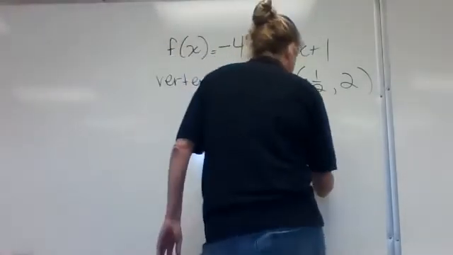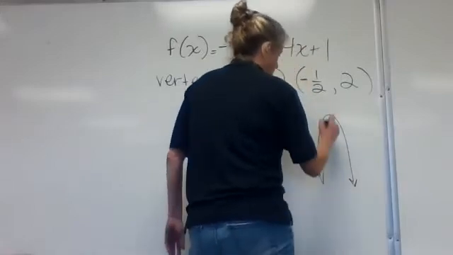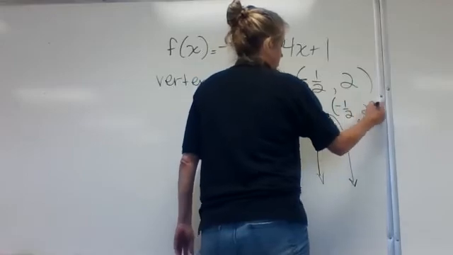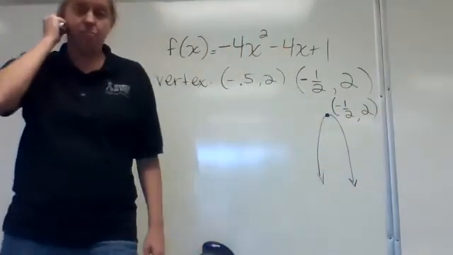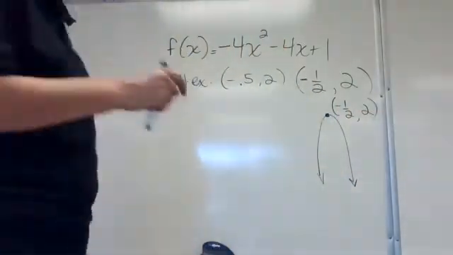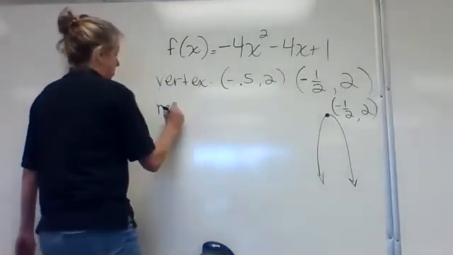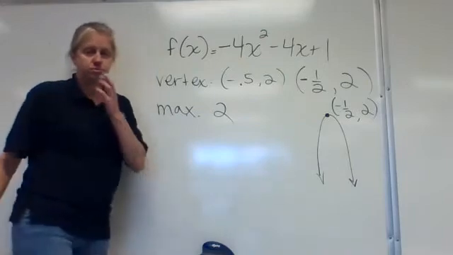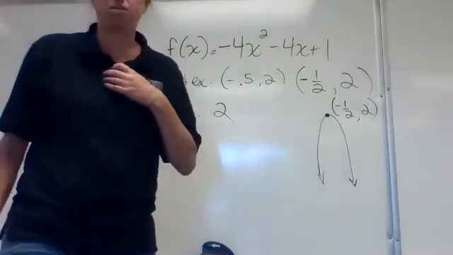Now, this one was upside down with its vertex at the top. So this one opened downwards and had a maximum value of 2, right? The y coordinate is your maximum value.